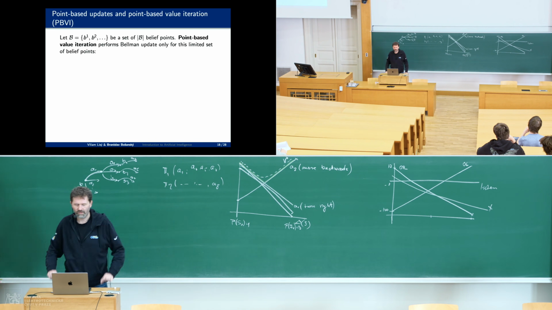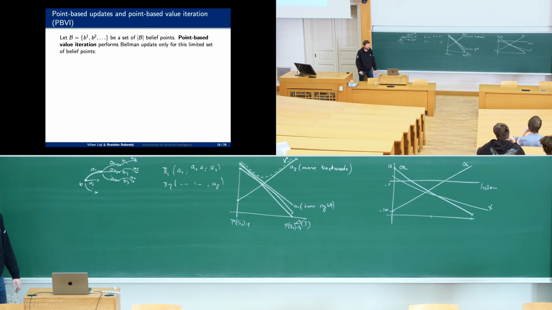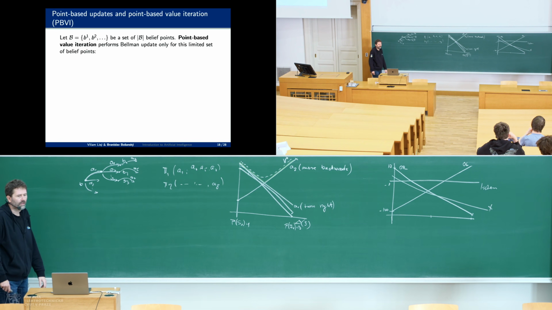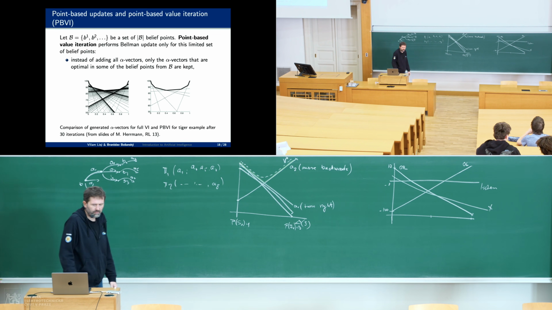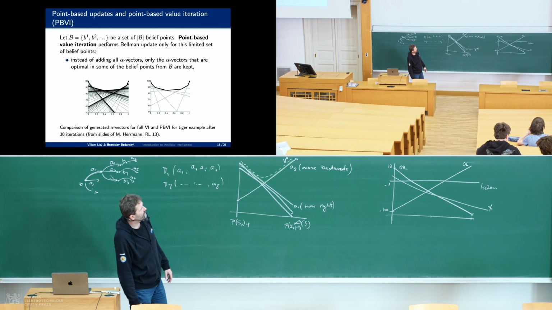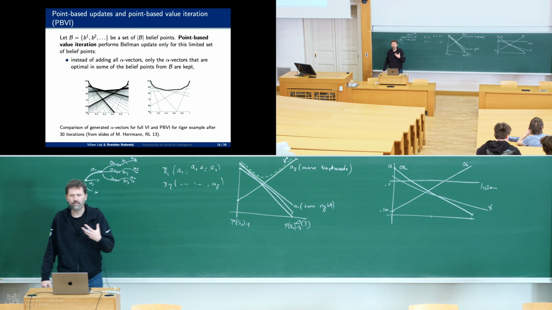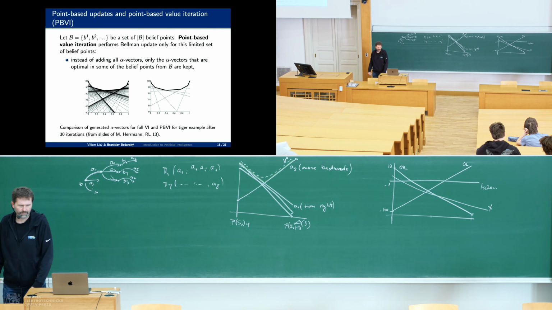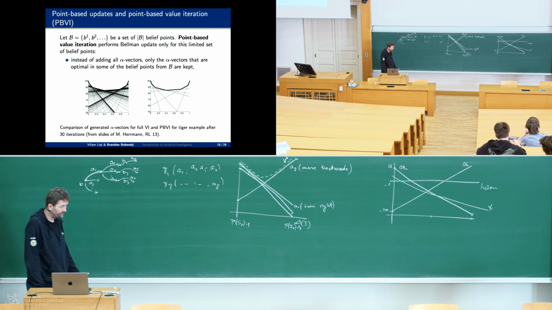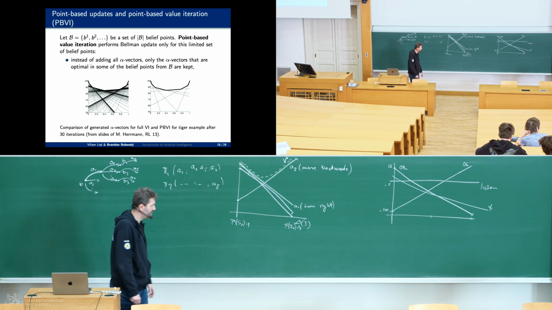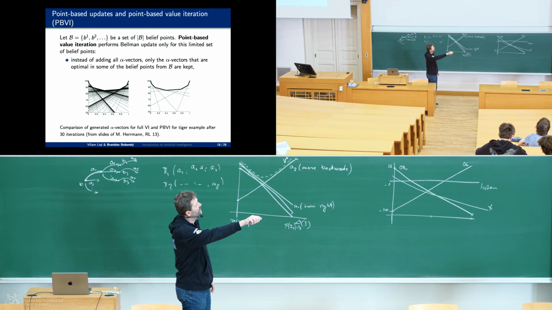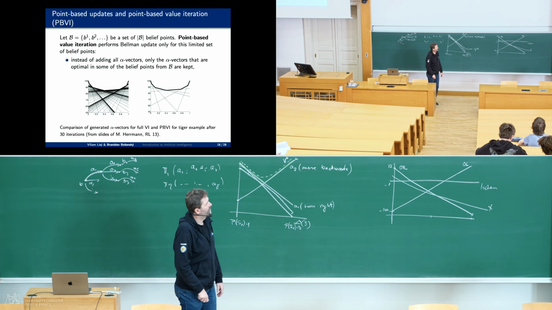So I can have some of these crucial belief points, and this way we can significantly reduce the number of alpha vectors that we keep, and we get to something a lot more practical.